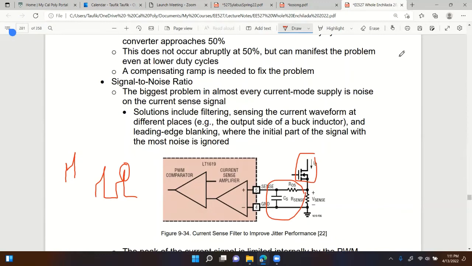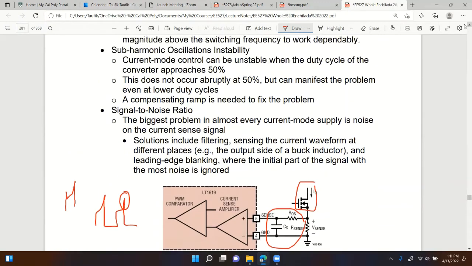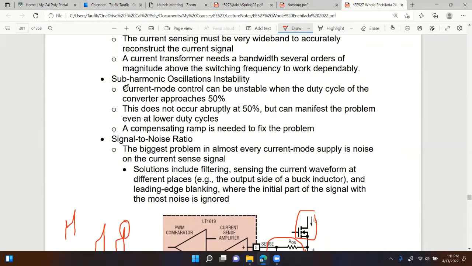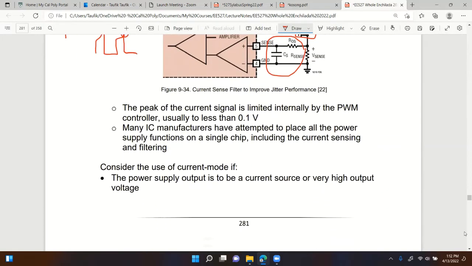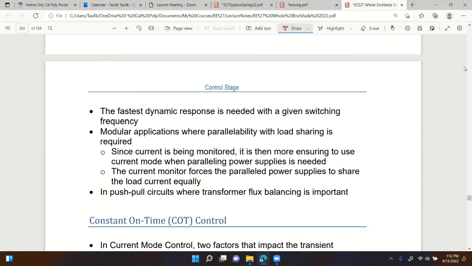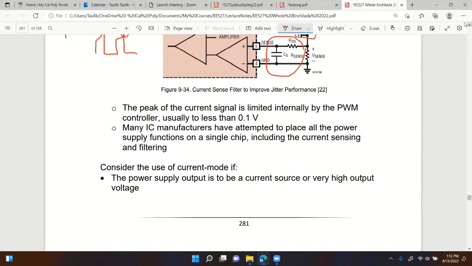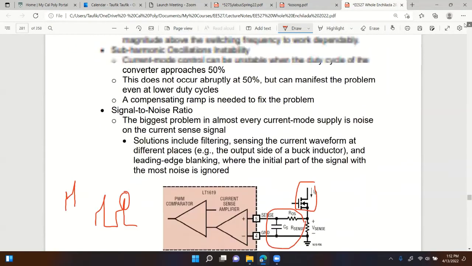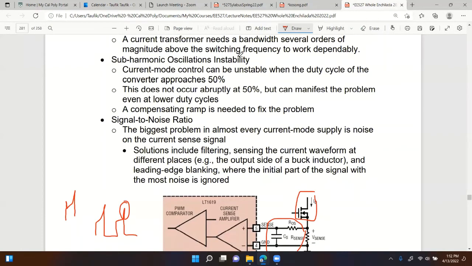after the sensing. And then lastly, before we take a break, subharmonic oscillations. This is something that we're going to go over. Is it next or no? No, it's not. That's probably after we go through constant on time. Subharmonic oscillation is an issue that is well known in current mode control. There's always a trade-off.